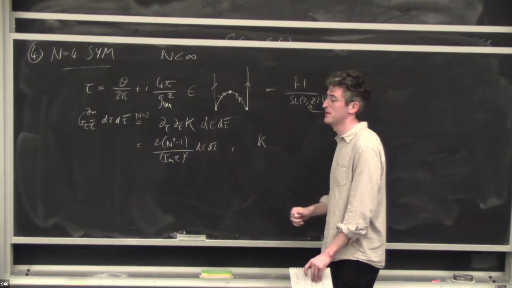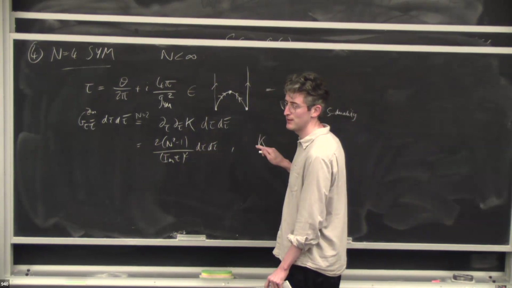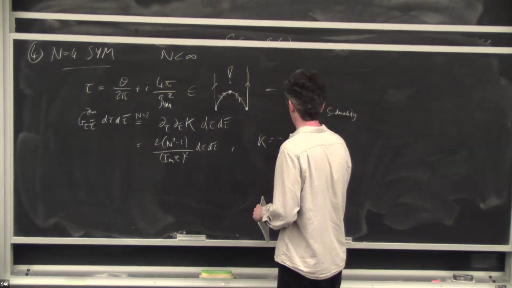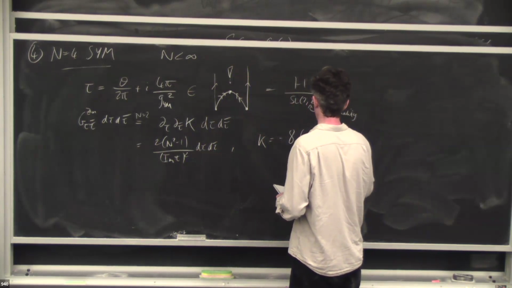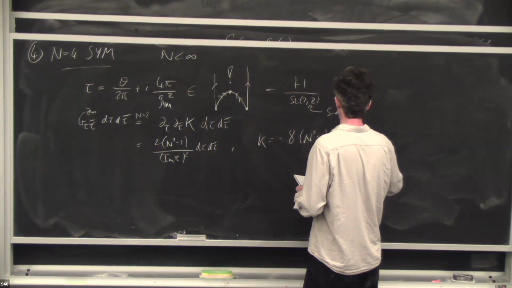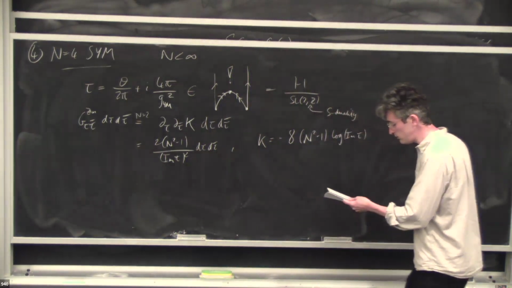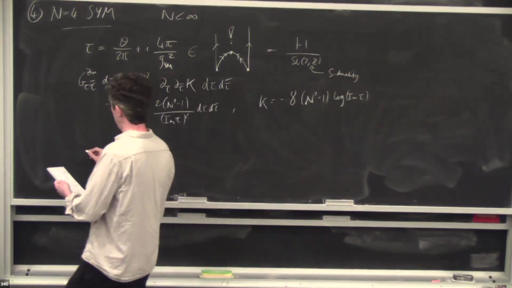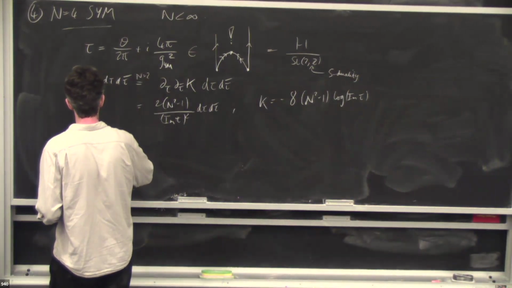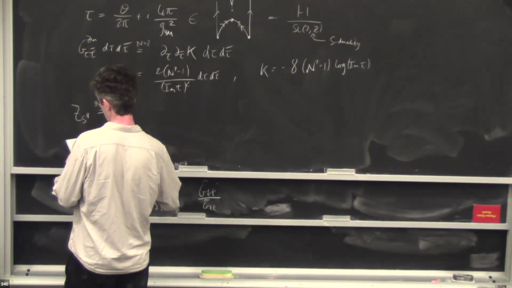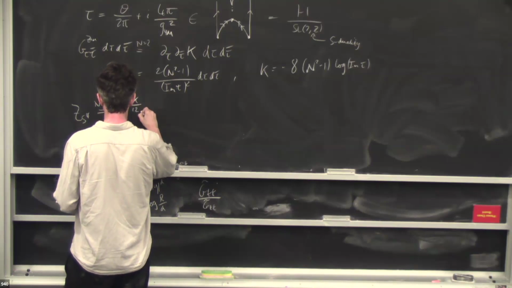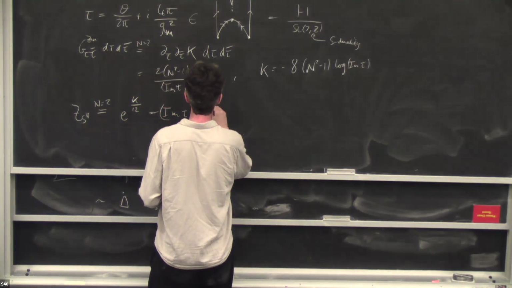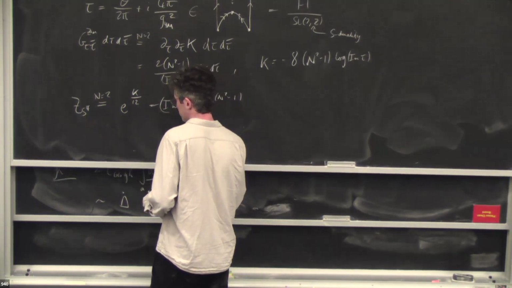And this is where the ambiguity comes in, but I think there's a sense in which the right value of the Kähler potential on this domain is this one, minus 8(N squared minus 1) log Im tau. Then Gomis and collaborators told us that in four-dimensional N equals 2 theories, the four-sphere partition function is given by e to the K over 12, which in this case is the imaginary part of tau to the power minus 2/3 (N squared minus 1).